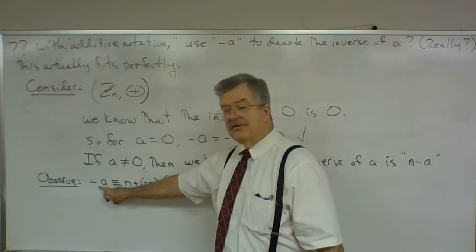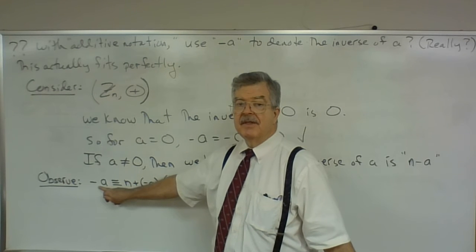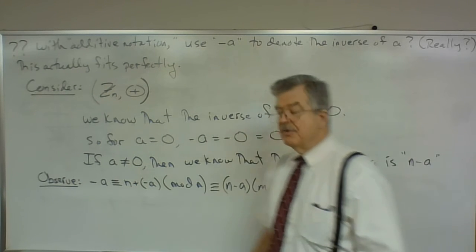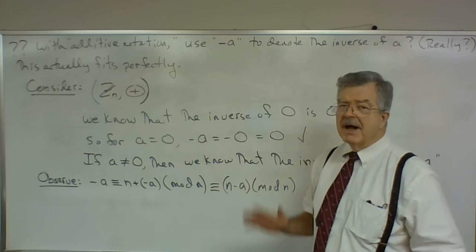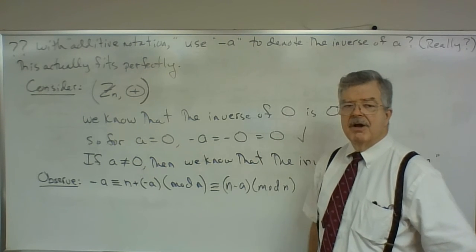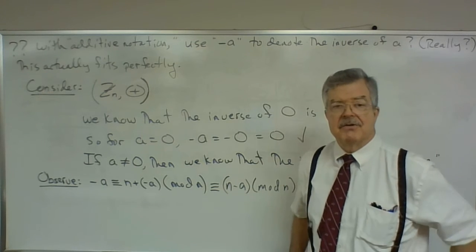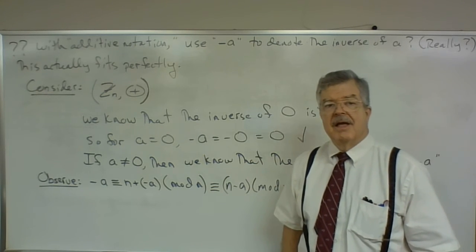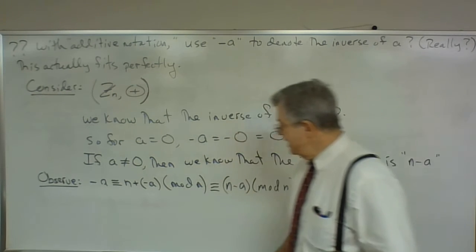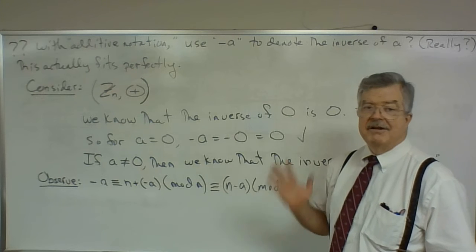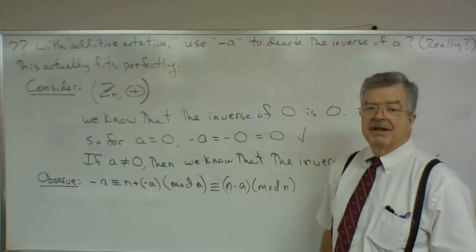So this minus A that we'll use to denote an inverse is congruent to what we know the inverse to be modulo n. Modulo n, they're one and the same number. So actually, negative A is not a bad notation for the inverse. In addition modulo n, negative A and n minus A denote the same thing. They are inverses of the element A.